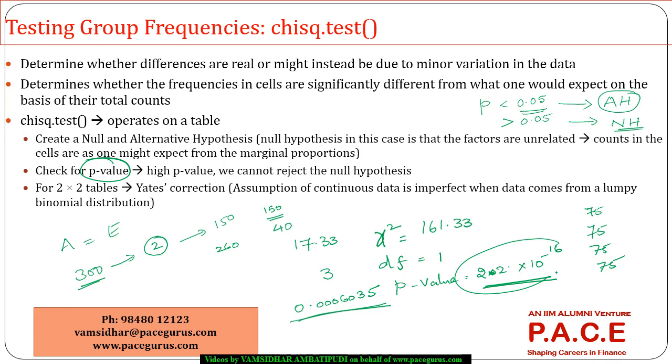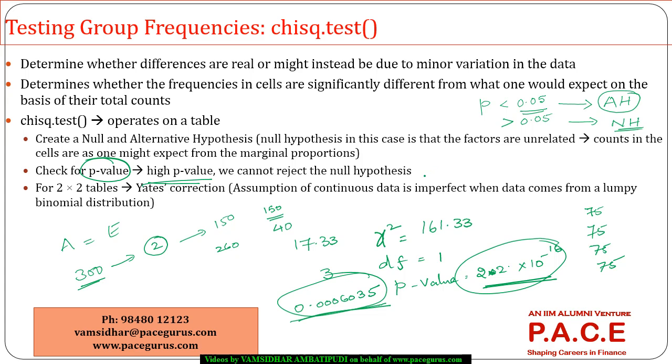In this case, it is 10 to the power of minus 16, which is much less than 0.05. Even in the other case, it is less than 0.05, which means I am rejecting the null hypothesis in both cases. If the p-value comes out much higher, then I cannot reject my null hypothesis.